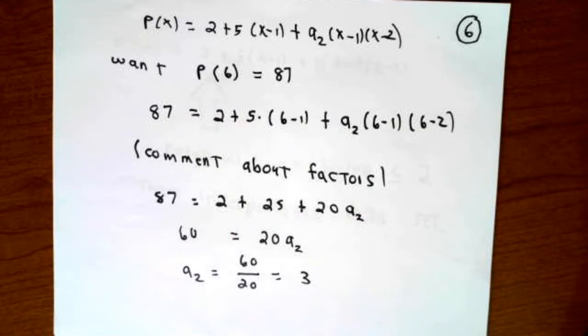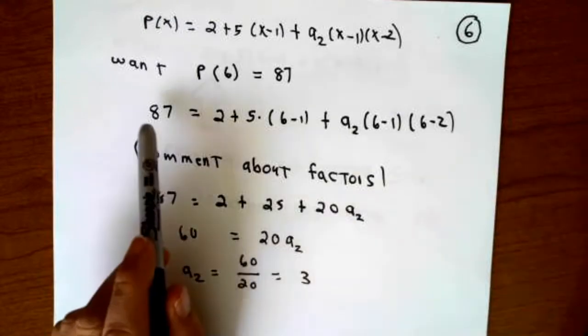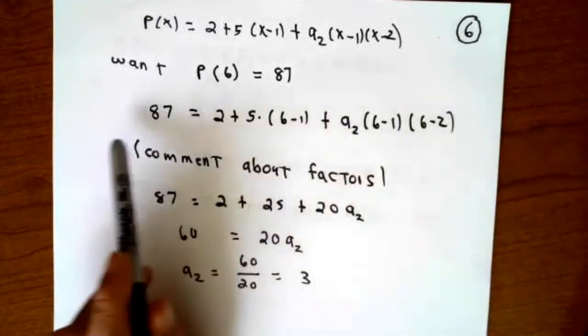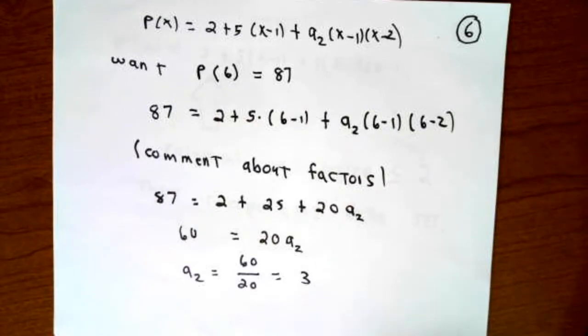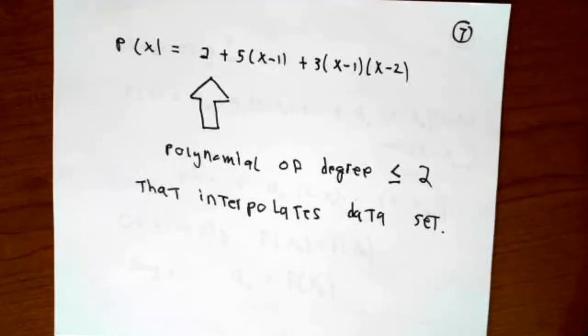This leads some people to believe that the last data point doesn't have any influence. But that's not right. Its influence is felt through this equation. Anyway, after you do all the arithmetic, it turns out that 60 and 20 times a2 are the same thing, meaning, of course, that a2 has to equal 3.